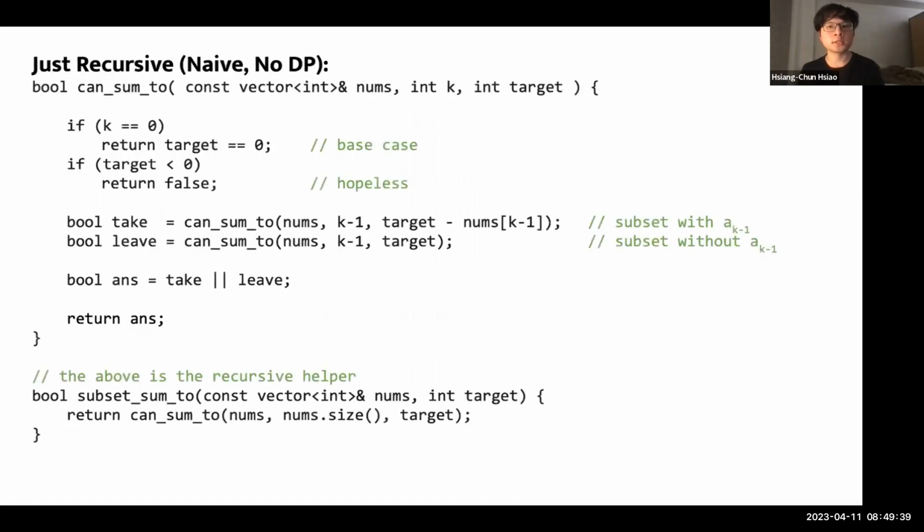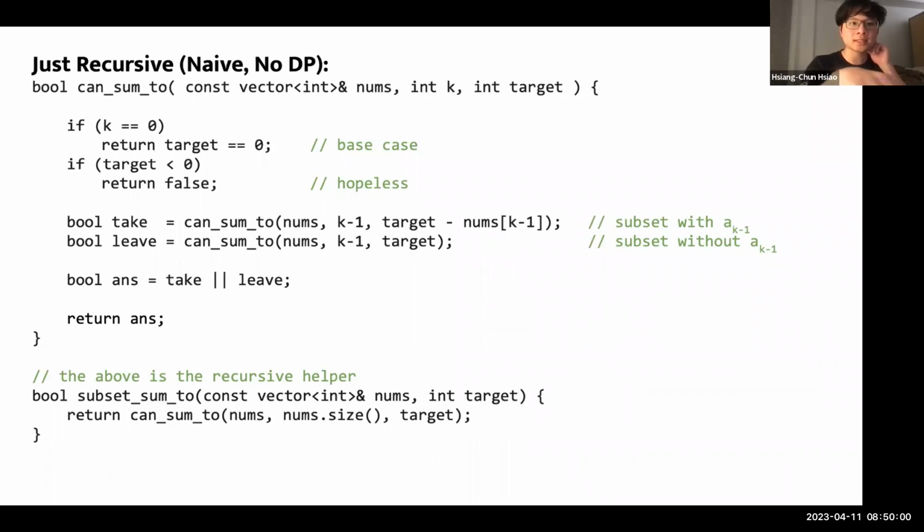Okay, so this is a code for what we just talked about. What we just talked about is just a recursive solution for this question, where the base case is listed there. If k equals 0, return target equals 0.